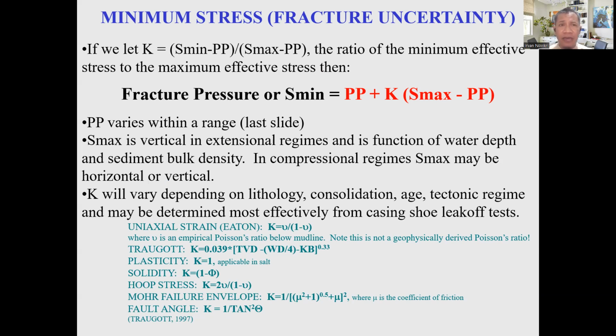The value of K, which is the ratio used to calculate fracture pressure, varies based on factors like lithology, degree of consolidation, age, and tectonic regime, and can be determined through casing shoe leak-off test.